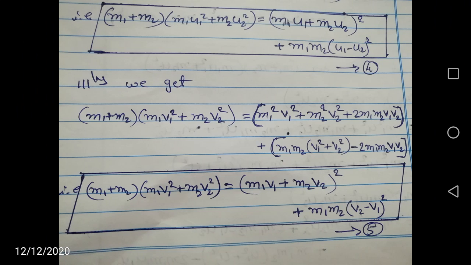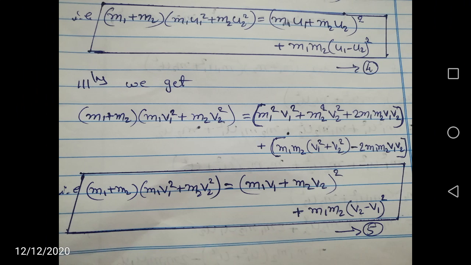Similarly, we get (m1 plus m2)(m1 v1 square plus m2 v2 square) equal to m1 square v1 square plus m2 square v2 square plus 2 m1 m2 v1 v2 plus m1 m2 (v1 square plus v2 square minus 2 v1 v2).